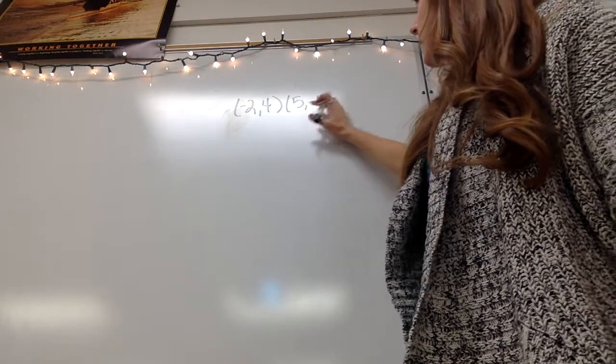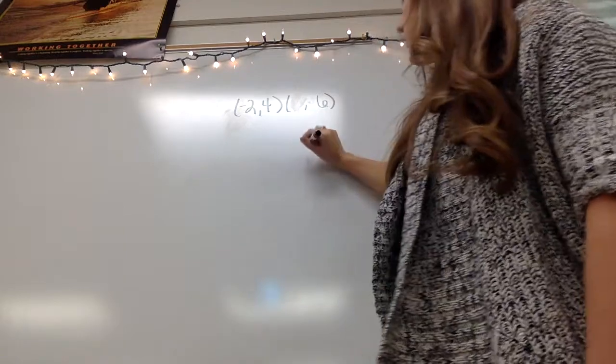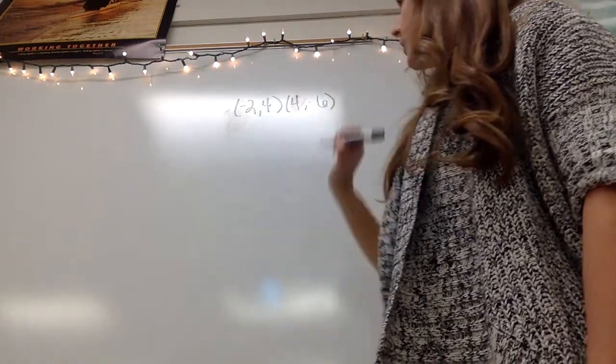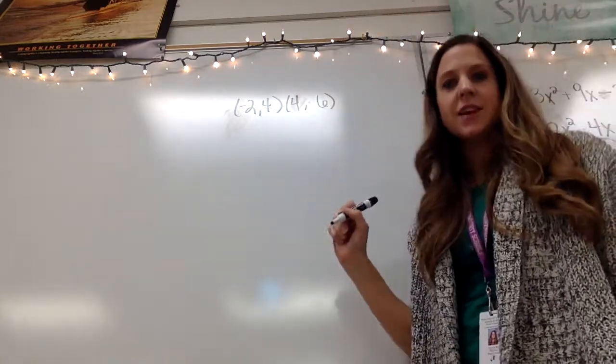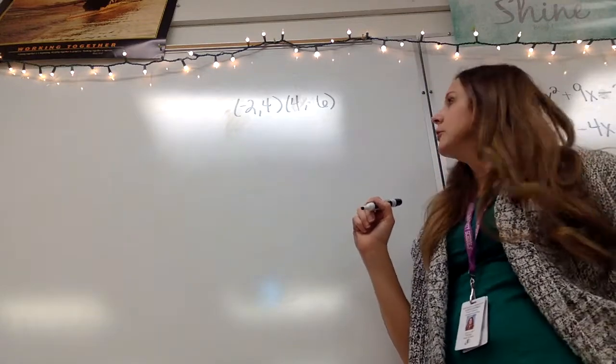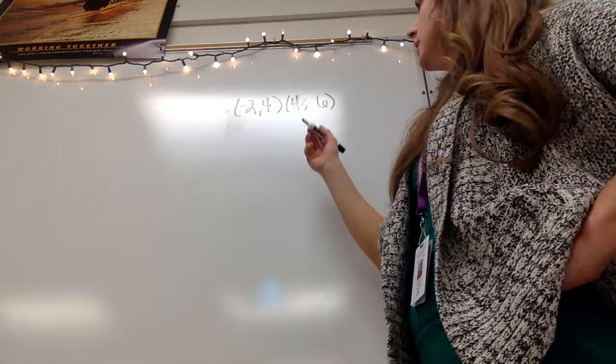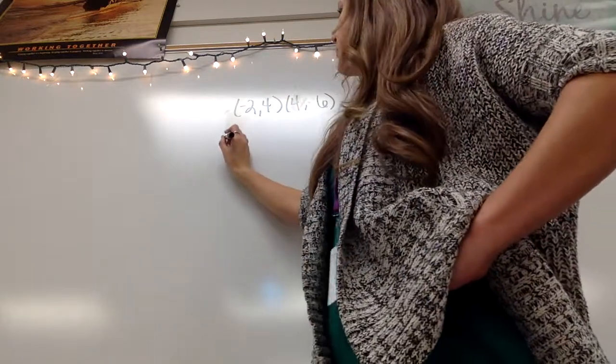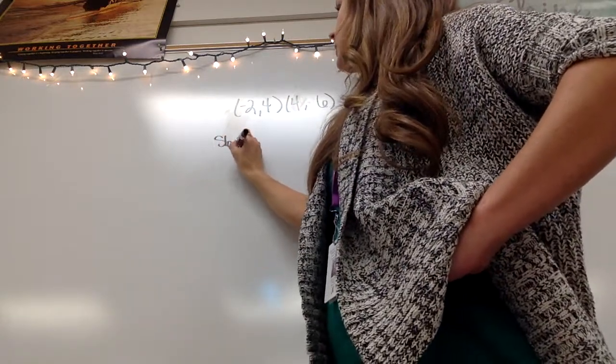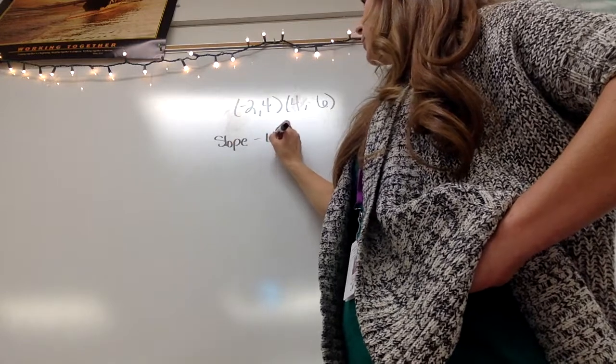And then, okay, I'm changing it so I don't have horrible fractions like I did the last time. So let's do -2, 4, and 4, 6. Hopefully that works a little better. I'm going to ask you to write this. So this is an example of slope intercept. And then I'll do an example of point slope.